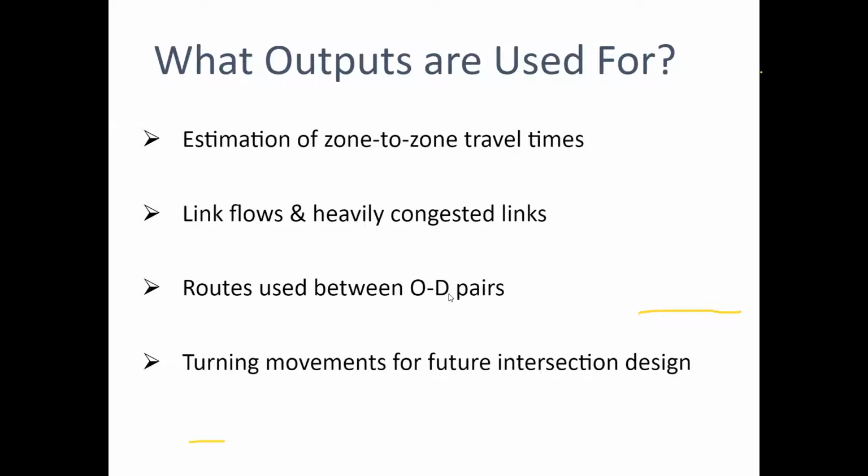And then once you figure out how many cars are going to go there, the output of that could be used to estimate the zone to zone travel times, link flows and heavily congested links, the routes used between OD pairs, and you could also use it to get the turning movement counts on individual nodes or the intersections on these routes.